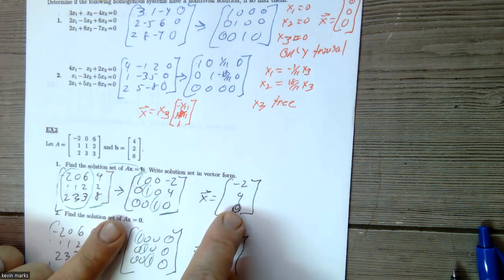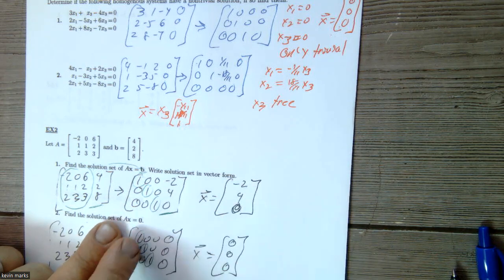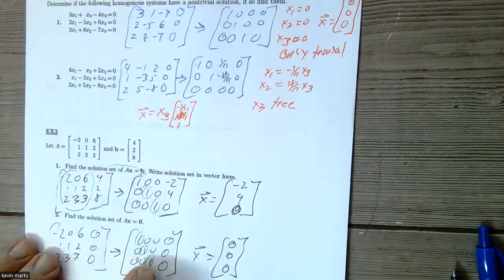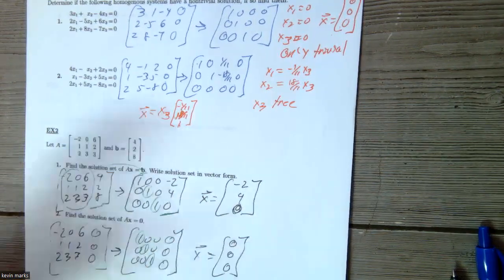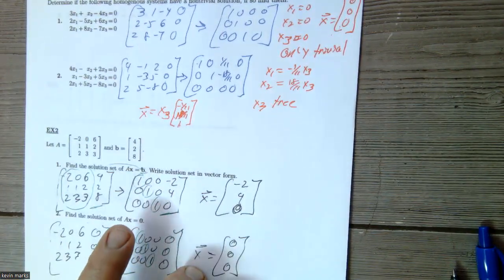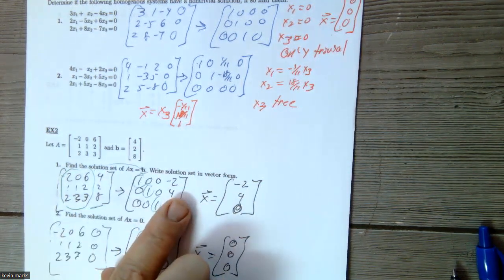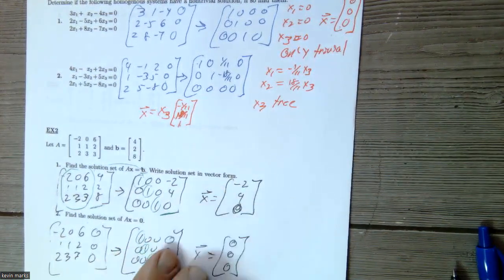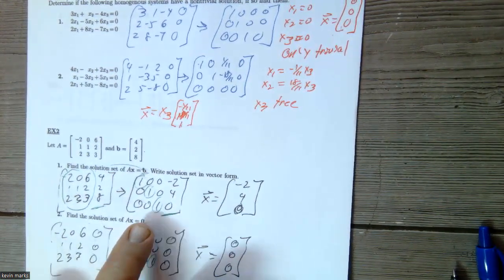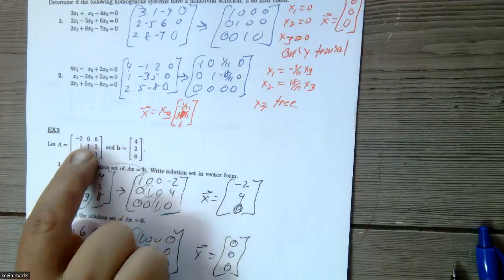You're always going to get a unique solution, right? No matter what I augment it with, the first three columns are never going to change. So you can see how these relate. If this has only the trivial solution, any vector that you augment this with will always have a unique solution. If this has only the trivial solution, then what does that mean about the span of these three columns?